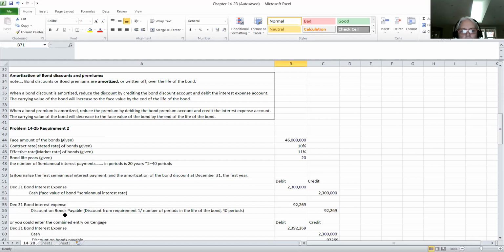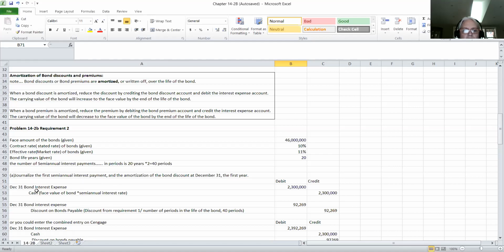But I do want to talk to you about how it's calculated separately, because in the real world, we could have calculated these separately and just made two separate journal entries out of it, which I think is more understandable. So in the first journal entry that I've got illustrated here, we're journalizing the first semi-annual interest payment. Remember, the end of the year is December 31st.